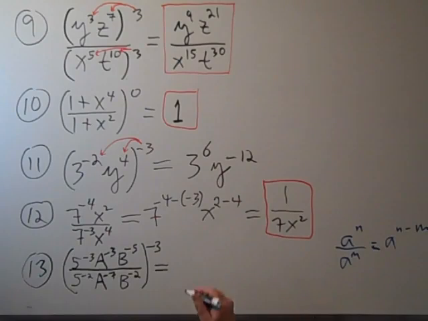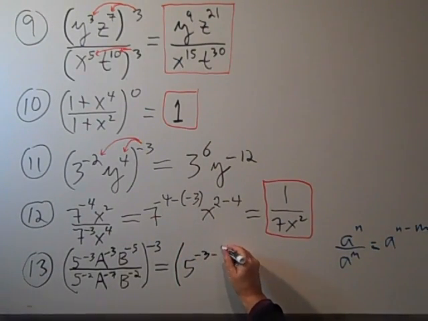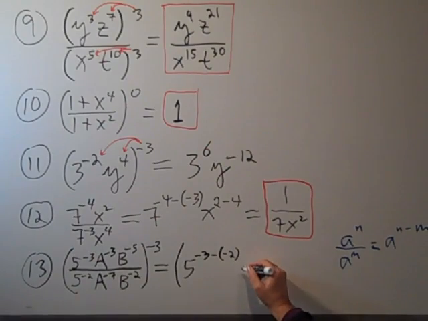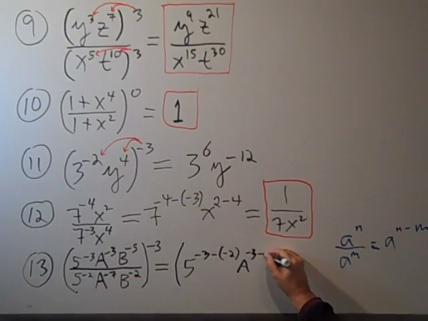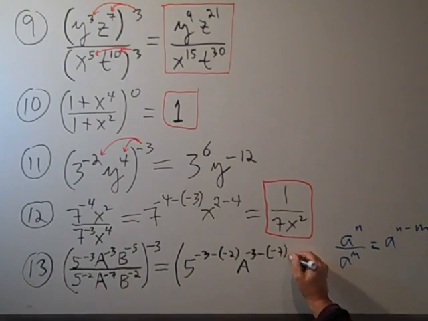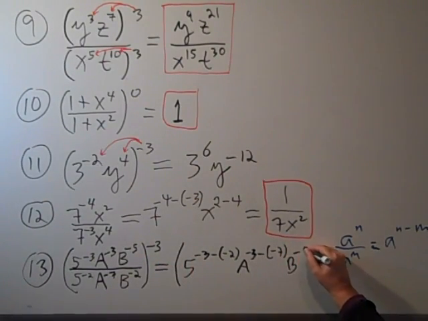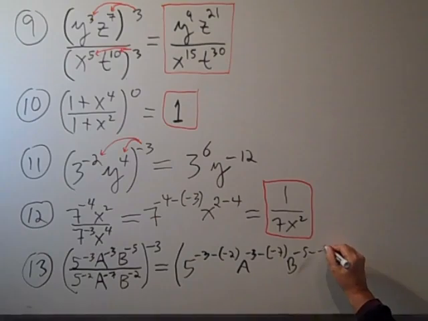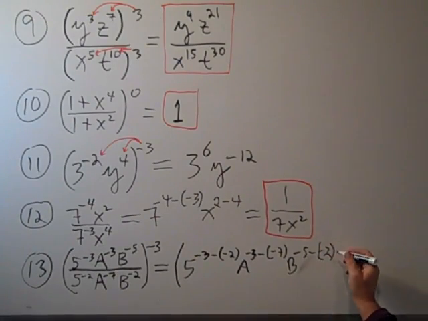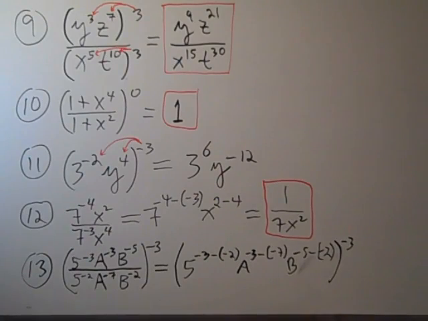So in the parentheses we have 5 to the negative 3 minus negative 2, a to the negative 3 minus negative 7, and b to the negative 5 minus negative 2. All of this raised to the negative 3 power.